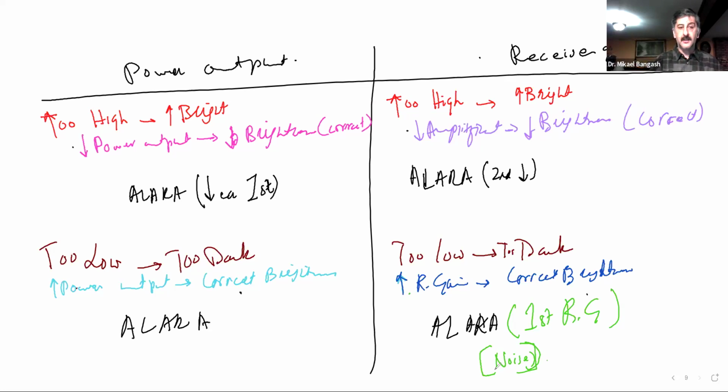So in both instances, this is how you kill two birds with one stone. Your image was too dark. There were two options. Just like you walk down a hallway and there are two doors, and you go, which one should I enter?